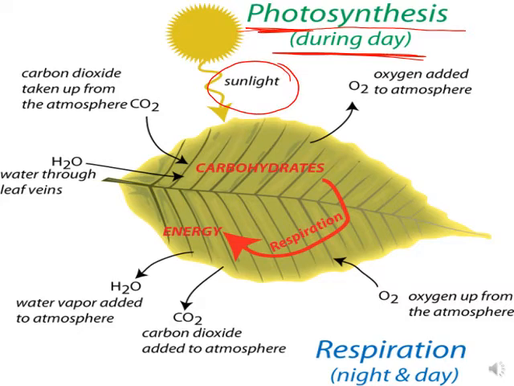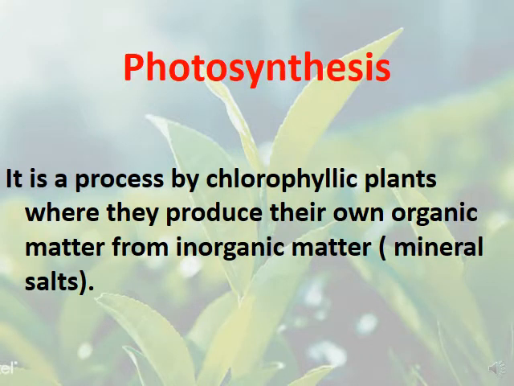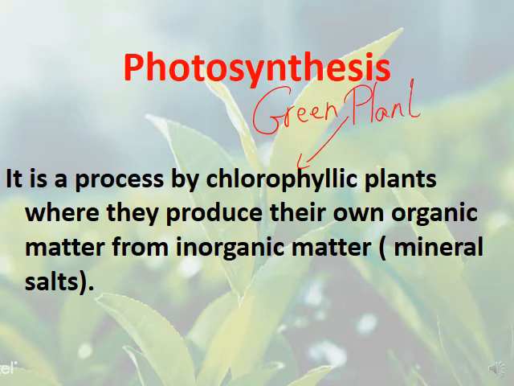This is the process of photosynthesis. Photosynthesis is the process by which chlorophyllic plants produce their own food. What is the meaning of chlorophyllic plants? It means the green plants, they contain the chlorophyll. They produce their own food, their own organic matter, and we will discuss this organic matter, from what?